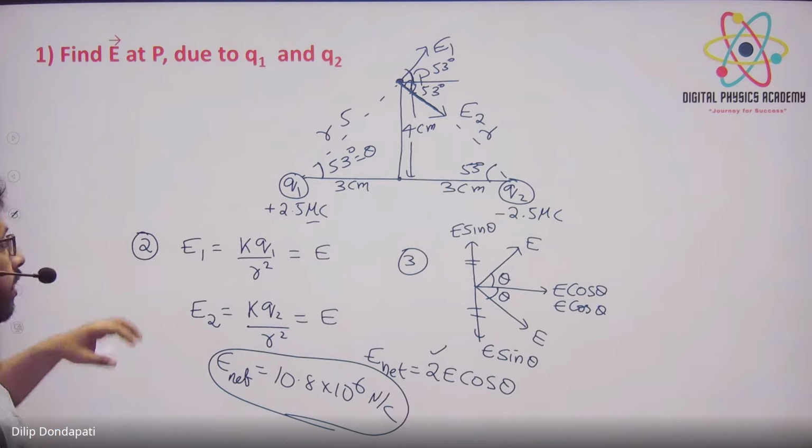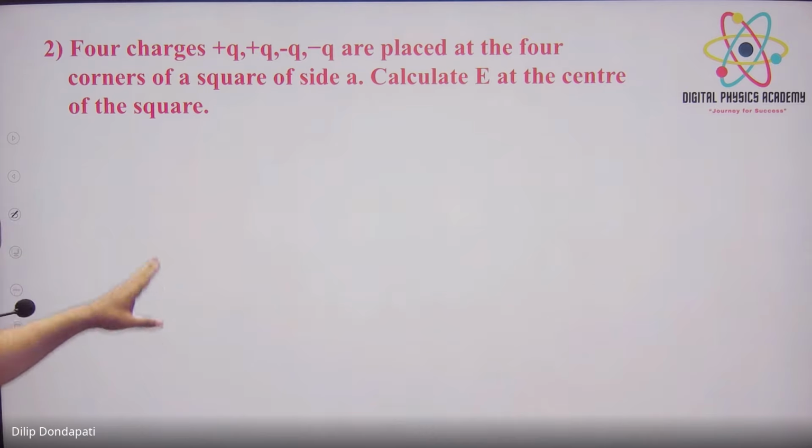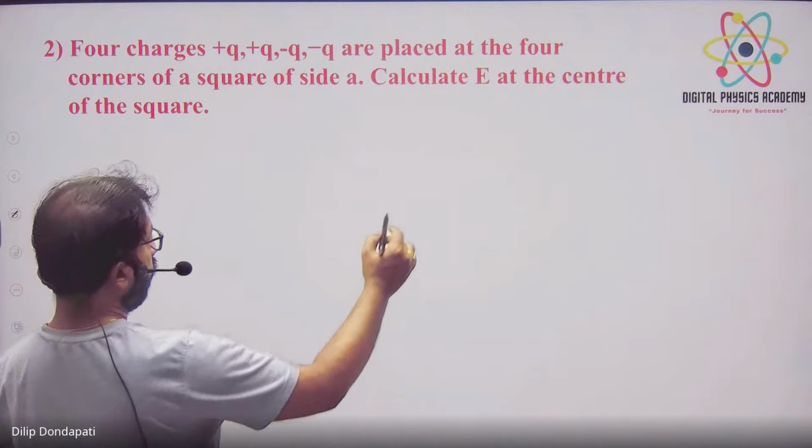Let's do the next question. 4 charges are placed at the 4 corners of a square of side A. Calculate the electric field at the center of the square. So go in the same order. Square is here.